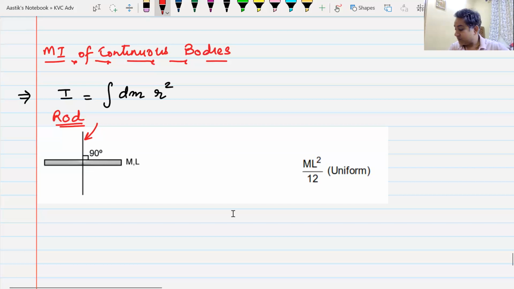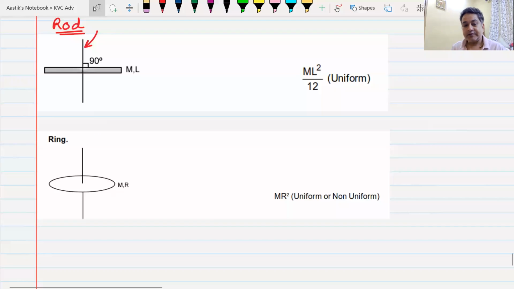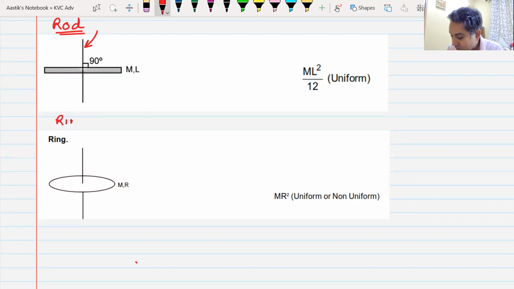What about the next one? The next one is the moment of inertia of a ring about an axis which passes through its center. You can see this axis, yes or no? Yes, sir.